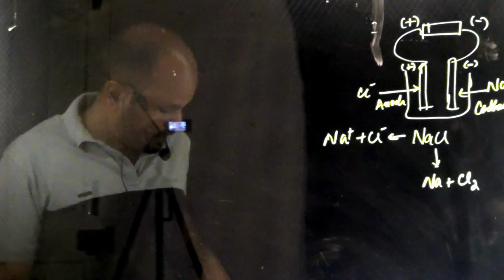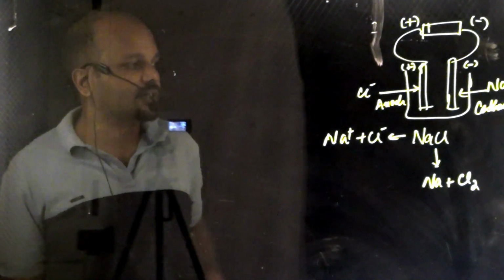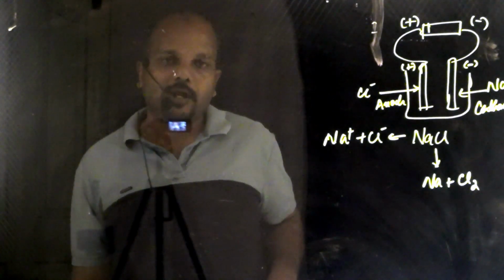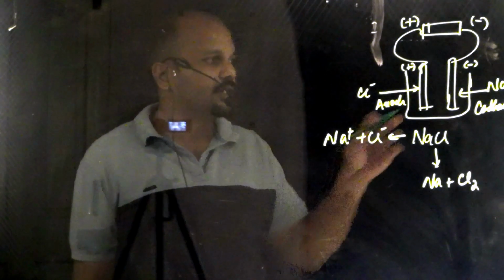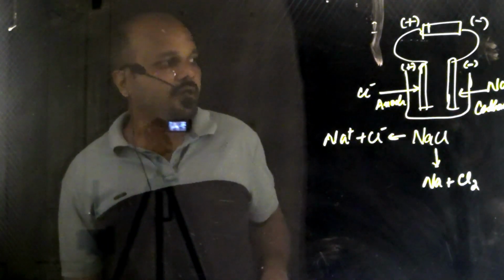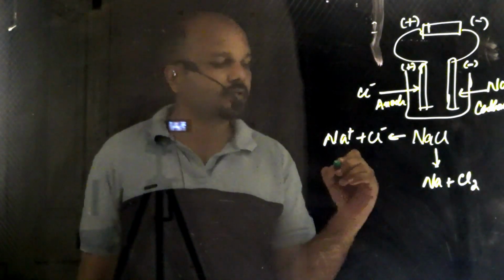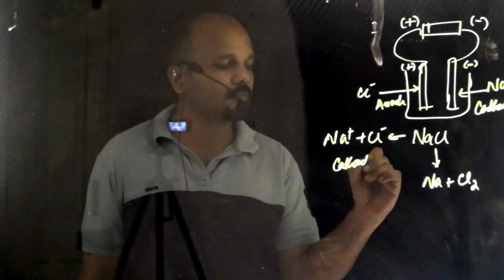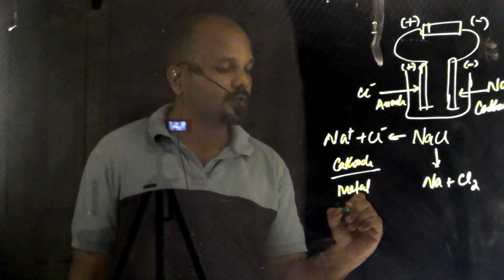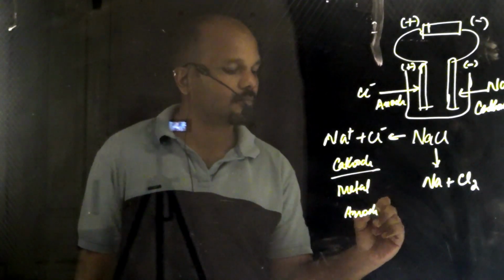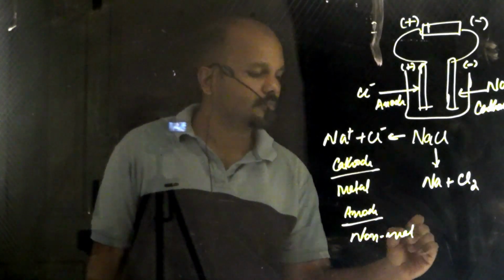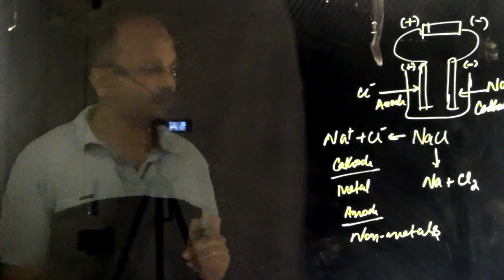So what you can understand is that with molten ionic compounds, Na plus goes to the cathode, so metal will form at the cathode, and non-metals will form at the anode.